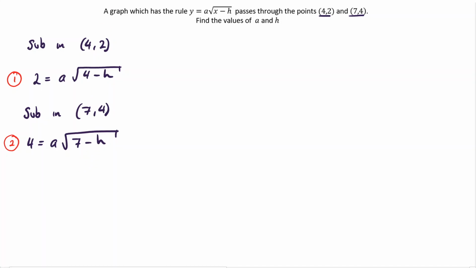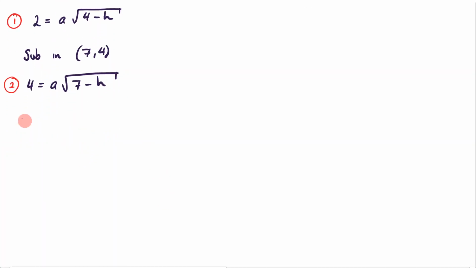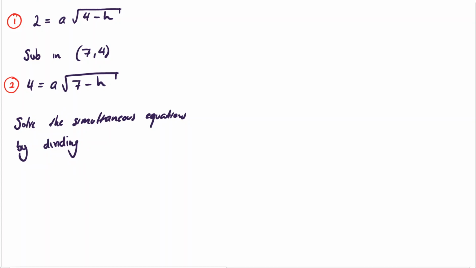Well, what I could do, and I'll write out what I'm doing here, is solve the simultaneous equations by dividing 2 by 1. Takes me forever to change these colors. That's where we're going to go. We're going to divide 2 by 1.